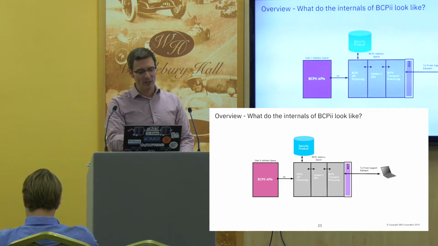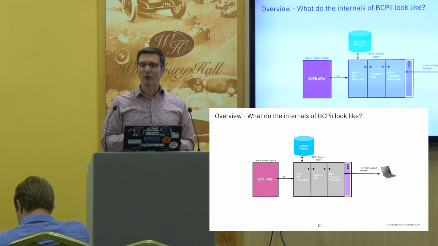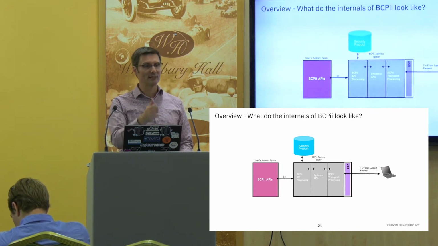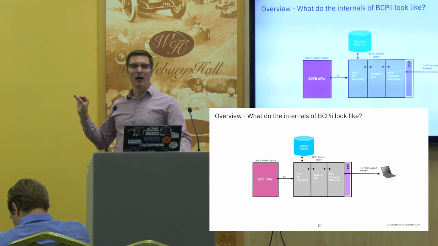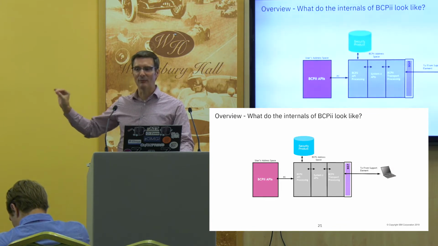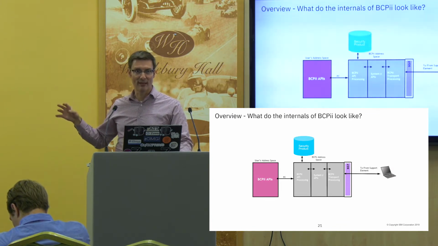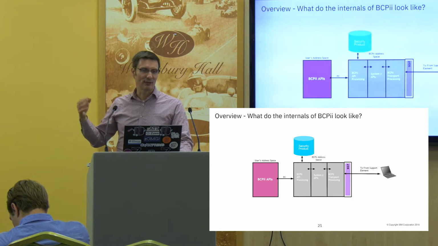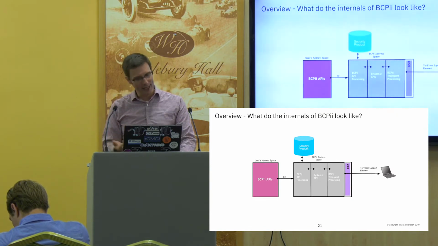That PC will come into BCPii, which will make sure that they have the necessary authorities by calling the security product and saying, this guy is trying to update a processor weight on this particular LPAR. Has the security admin allowed him or her to do that? The answer is yes. So, okay, great.